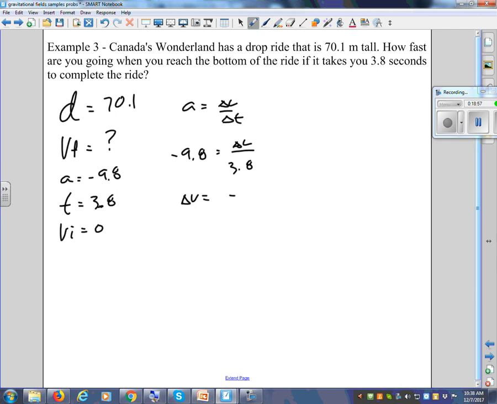Is that going to be negative? Yeah. Why is it negative? Because you're coming down and the velocity is increasing, but it starts at 0, so it's going to be a negative velocity when you get to the bottom. So in fact, because the VI is 0, have I shown you the 3 dots in a triangle? Therefore, the VF is minus 37.24.